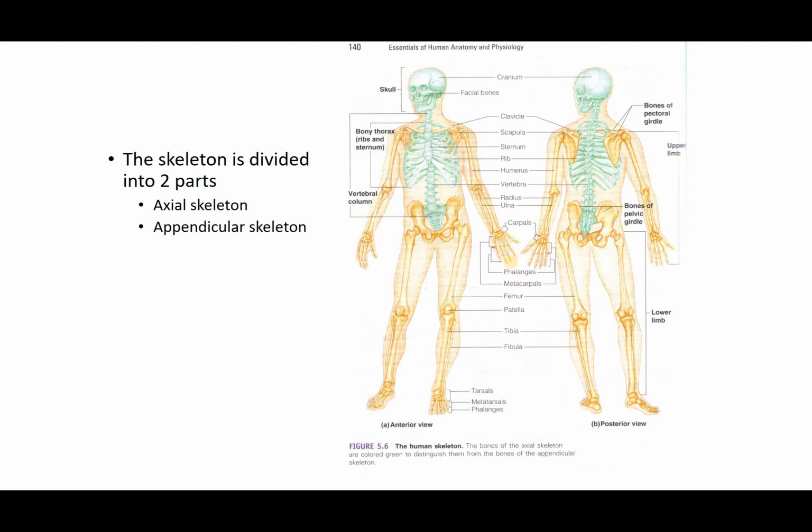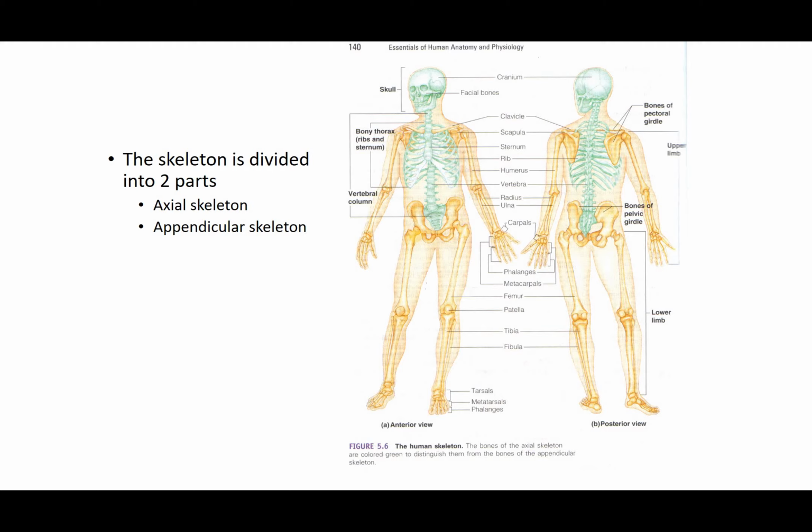Okay, the skeletal system is divided into two parts: the axial skeleton that you're seeing here in green, and the appendicular skeleton that you're seeing in gold yellow color. I do want you to be able to identify bones in the axial and appendicular skeleton.